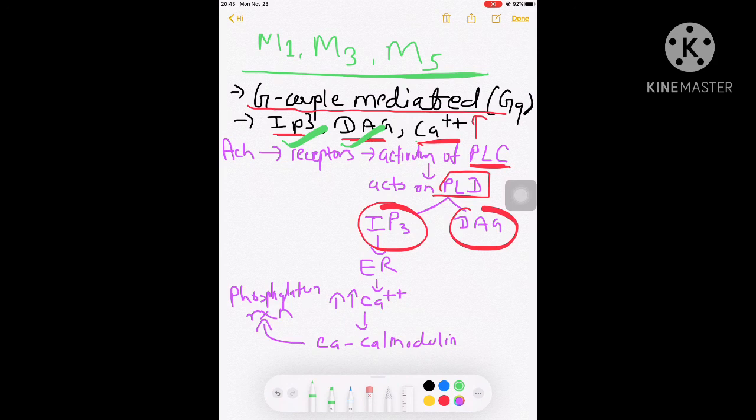Then the calcium dependent activities start inside the cell. Calcium binds with calmodulin, forming the calcium calmodulin complex.